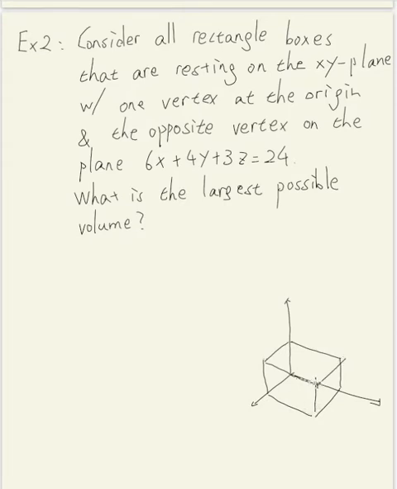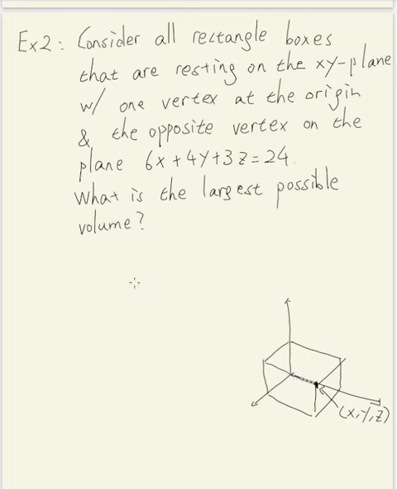Okay, and this point has the coordinate x, y, z, because this is the point opposite to the origin right there. One edge of the box overlapped with the y-axis a little bit, but you get the idea. This is the vertex that's opposite to the origin.